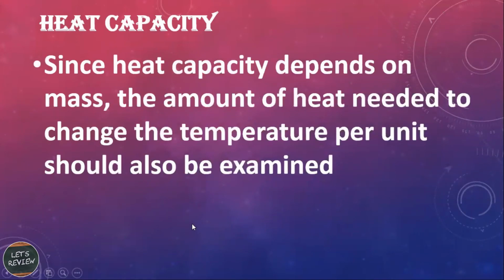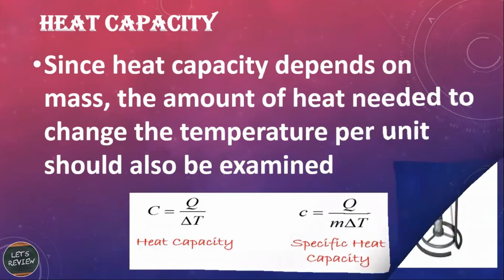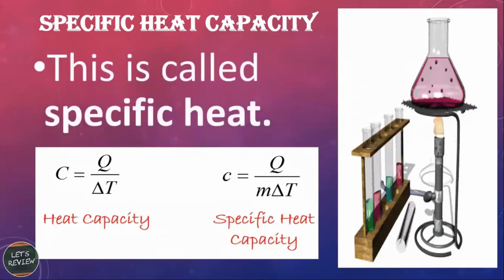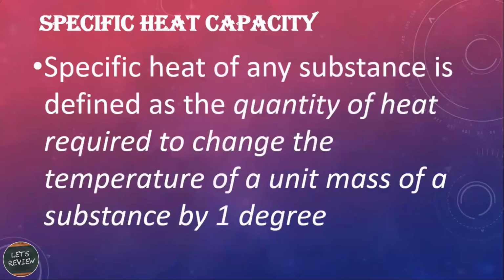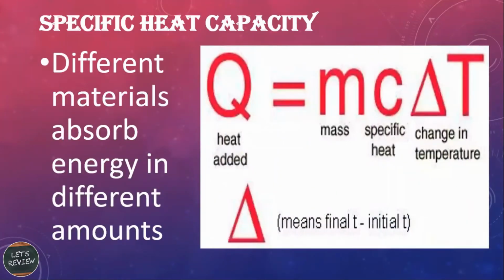Since heat capacity depends on mass, the amount of heat needed to change the temperature per unit mass should also be examined. So therefore, you have to calculate the specific heat of the substance. The specific heat of any substance is defined as the quantity of heat required to change the temperature of a unit mass of a substance by 1 degree. Different materials absorb energy in different amounts.